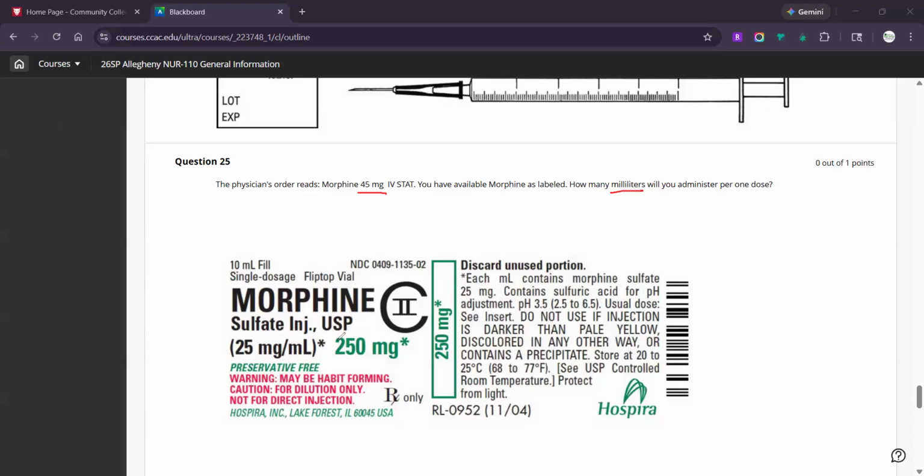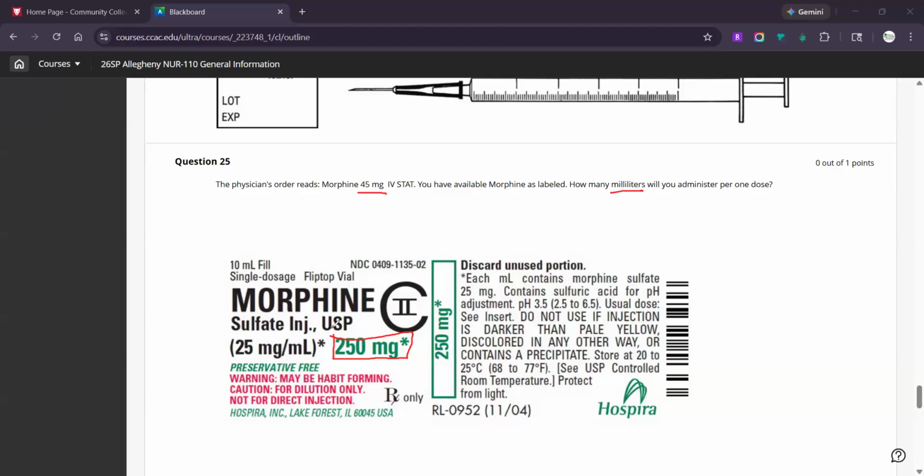This is important. This 250 milligrams by itself is just telling you what this is available in before it gets pre-filled. The shorthand is, if I were to give the patient the entire vial, the entire 10 milliliters that's in here, they would get 250 milligrams of morphine sulfate.